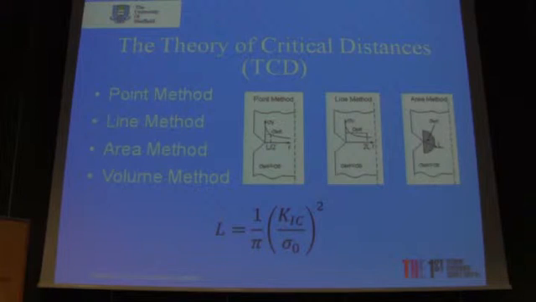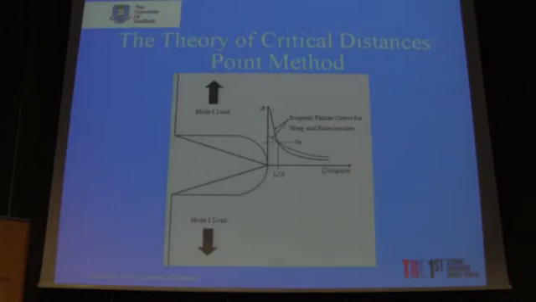Today I'm only going to be using the point method, so to go into a little bit of detail about that: in the conventional setup of the point method, the critical distance and the inherent strength, sigma naught, are determined experimentally by testing two samples containing two very different notches, a sharp V notch and a blunt U notch.